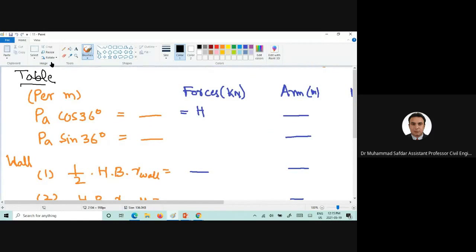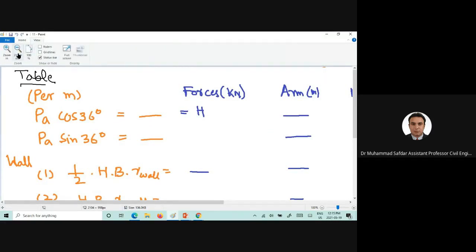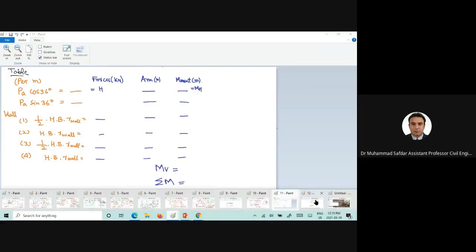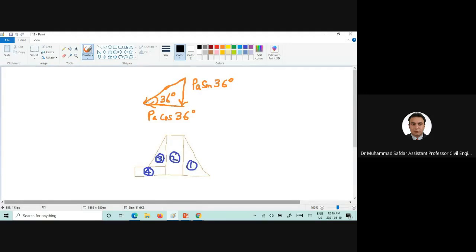Okay, now once we find that, we can calculate and construct this table. So we need to take this resultant and divide it into the horizontal component and the vertical component. This would be the horizontal component, and this would become the vertical component of this PA, the lateral thrust or the force.